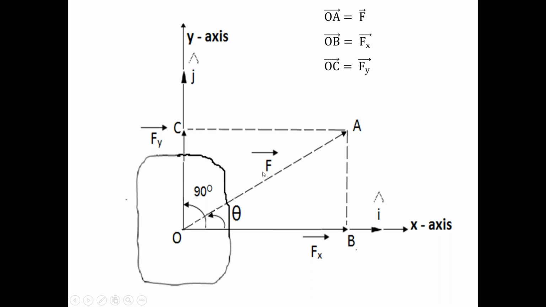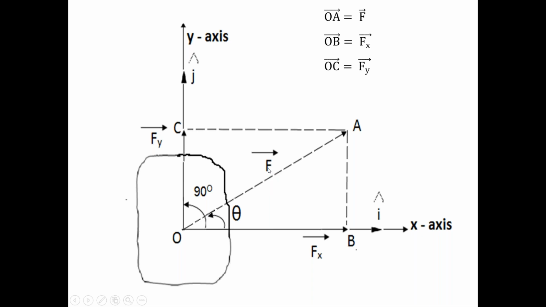In this resolution of one force F bar into two rectangular component forces Fx bar, Fy bar, I explained the projection of force F bar on the x-axis and also the y-axis. Last class we discussed that the projection of force F bar on the x-axis is Fx. The projection of force F bar on the y-axis is Fy.